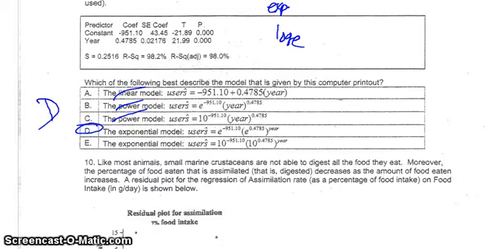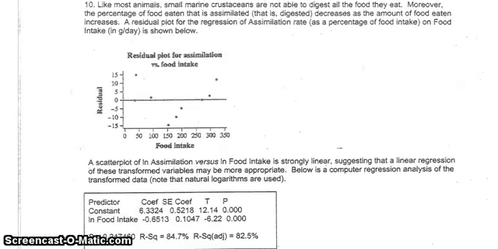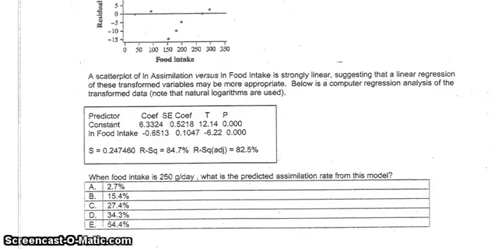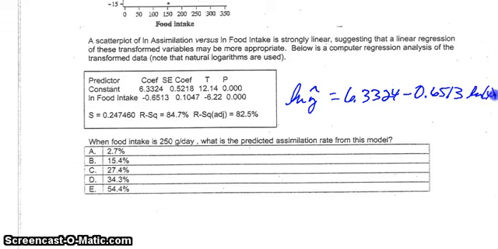Okay? Then we're looking at number 10. We've got all this. We're reading. Pause it. Then we're coming down here. And for this one, they're actually asking us to calculate. And we have to create our equation. We have the ln of y hat is equal to 6.3324 minus 0.6513 ln of x.